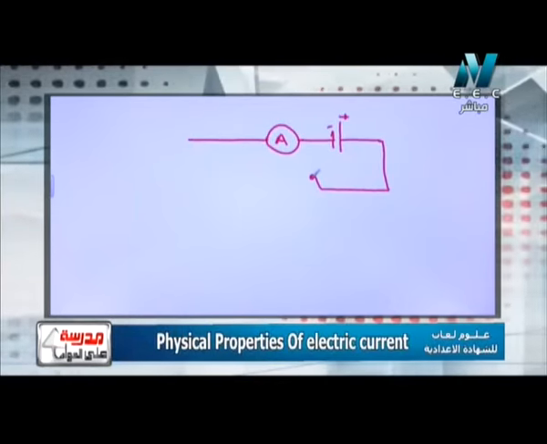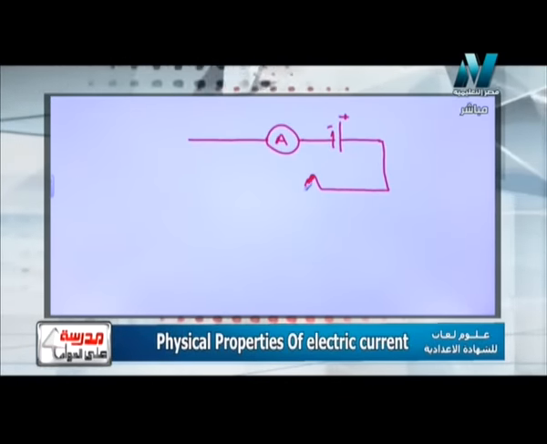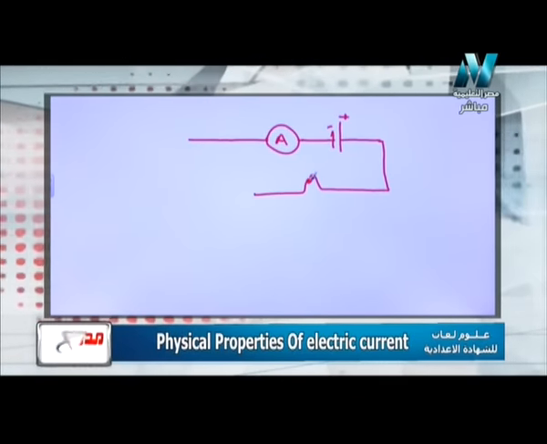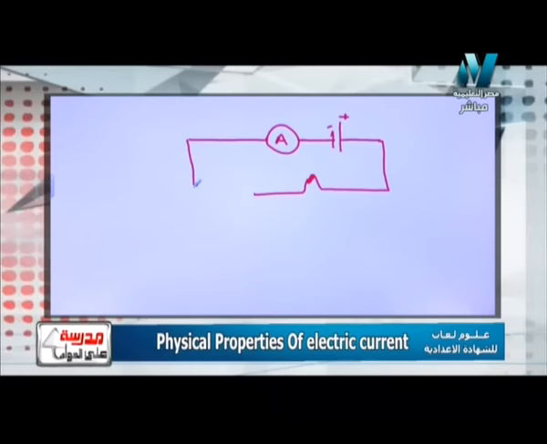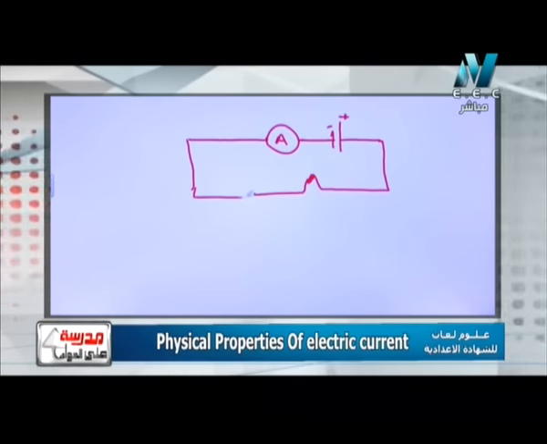How come? يعني لو مثلا عملت كده اميتر اهو, and here we have the battery, positive طبعا longer than negative as a symbol. Okay, and here we have a switch or key and the key is closed. تمام. Okay, here we have a meter.